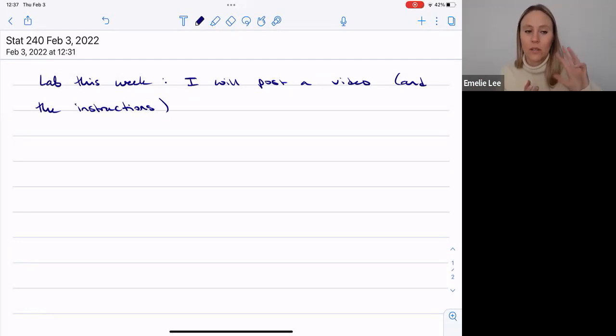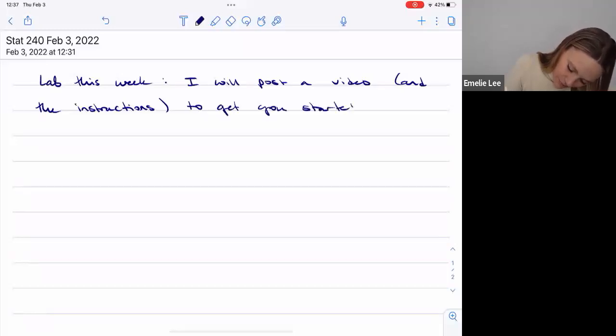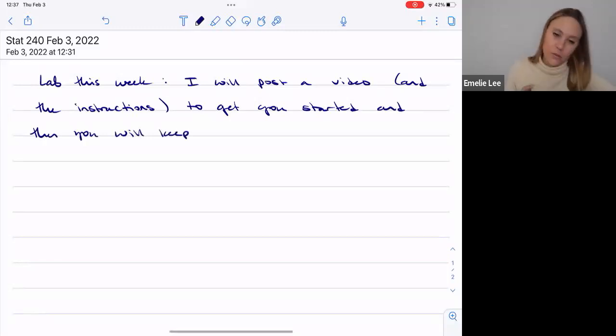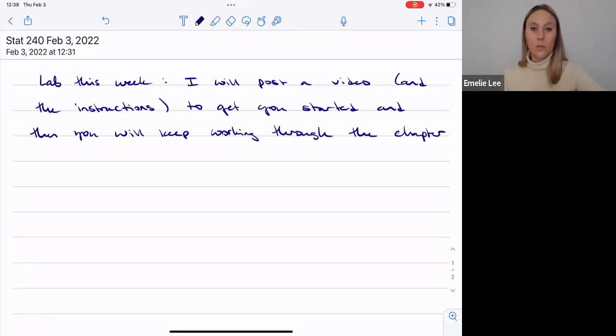That'll be more clear with the instructions, hopefully. The instructions will say what to do, and you will keep working through the chapter. I'll do the first one or two with you, and then you're on your own.